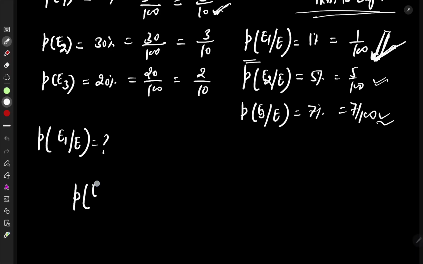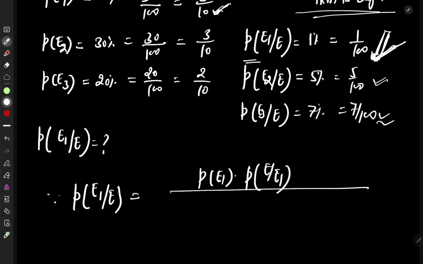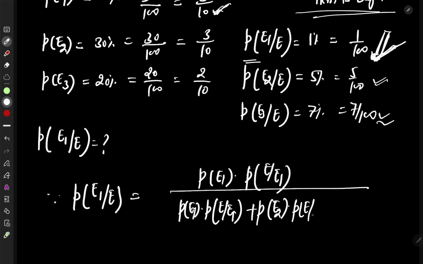So you will be writing probability of E1 given E: it will be probability of E1 into probability of E given E1, divided by probability of E1 into probability of E given E1, plus probability of E2 into probability of E given E2, plus probability of E3 into probability of E given E3.